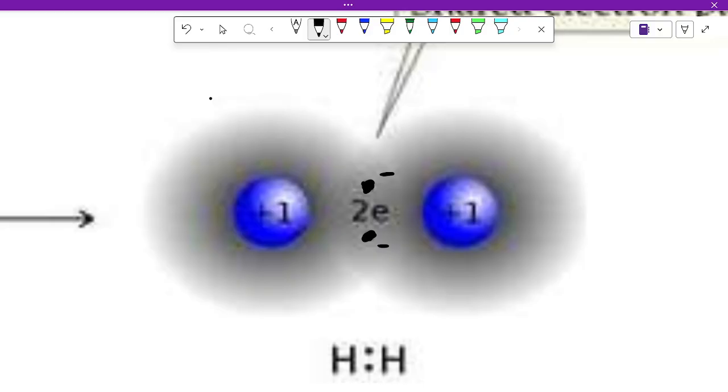What charge are the nuclei of the hydrogen? They are positive. What does negative do to positive? Attracts.